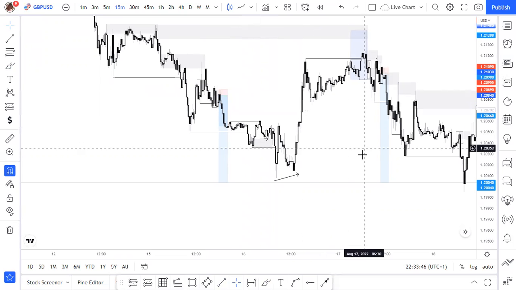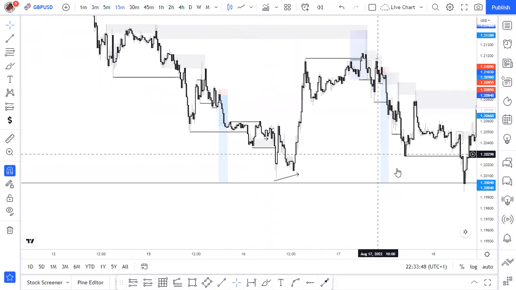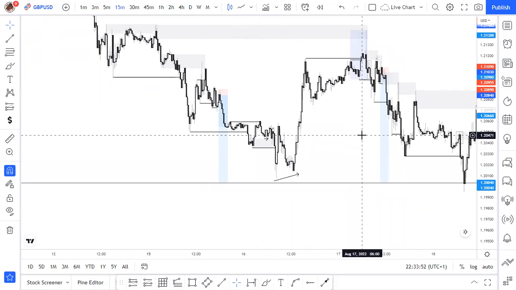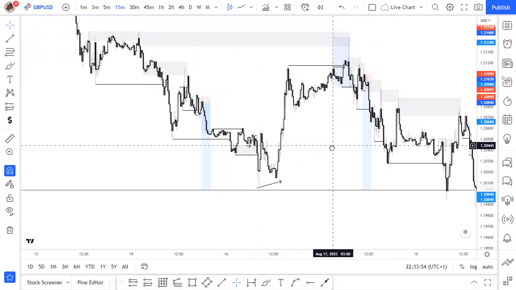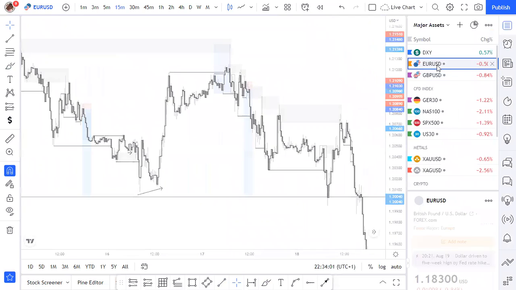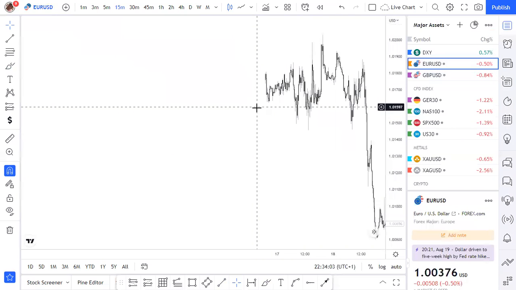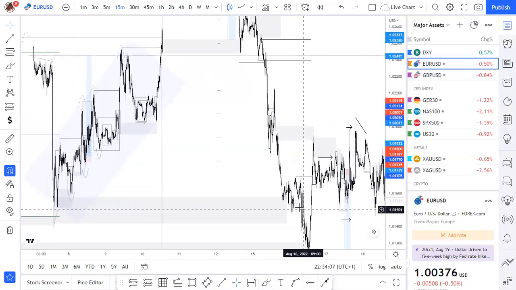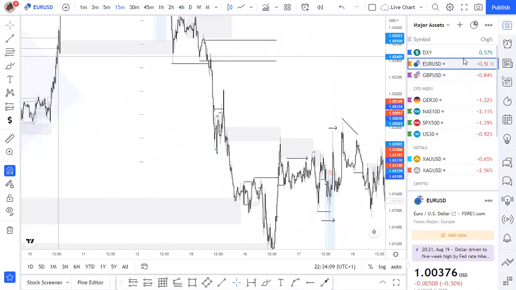I did take some partials and then I took a loss somewhere here because I think I used the wrong supply for my entry. And then on Euro USD, which I'll talk about when I do the Euro USD outlook, I did take some break evens as well last week.